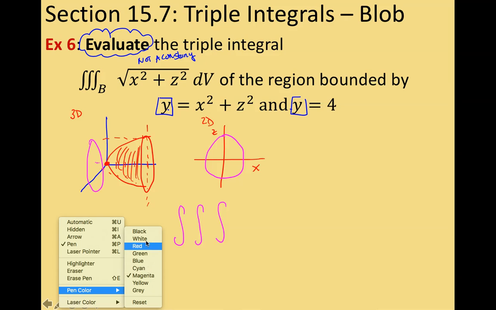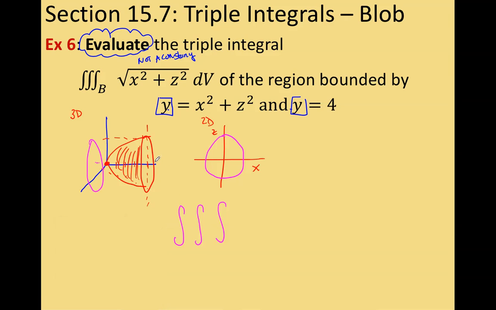Firstly, I don't have a top minus bottom, do I? Right to left. Who's my right? And my left is the curve. So my first delta is delta y.